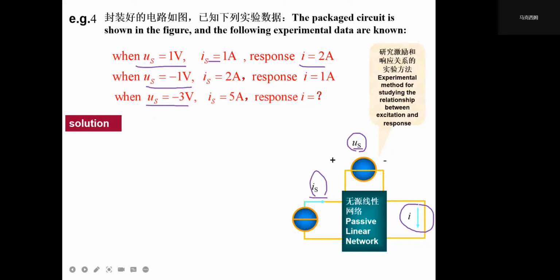So this time we put two stimuli, one is the current source, the other one is a voltage source. We can get the result from two equations, and we can have the result of the third one.